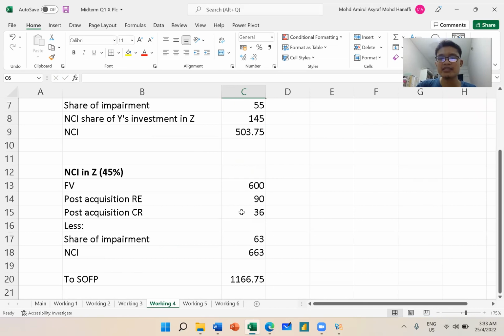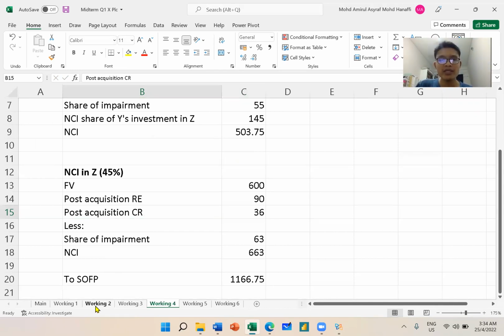Likewise, look at Z. When you calculate NCI, before this, when the question did not have capital reserve, you only calculated the share of retained earning belonging to the NCI. But now because you have capital reserve, it is the same way you treat retained earning. Post acquisition of capital reserve, you give some to parent, give some to NCI.